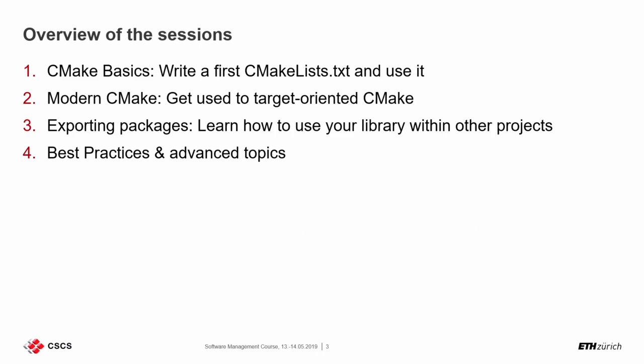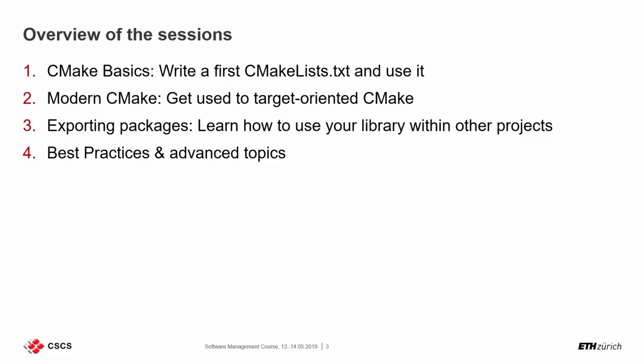The 4 sessions will be first about CMake Basics, because I think a lot of you don't use CMake at all so far. Then in the next session we will talk particularly about what modern CMake is. In the 3rd session we will explain how you make your code available by exporting your library as packages.